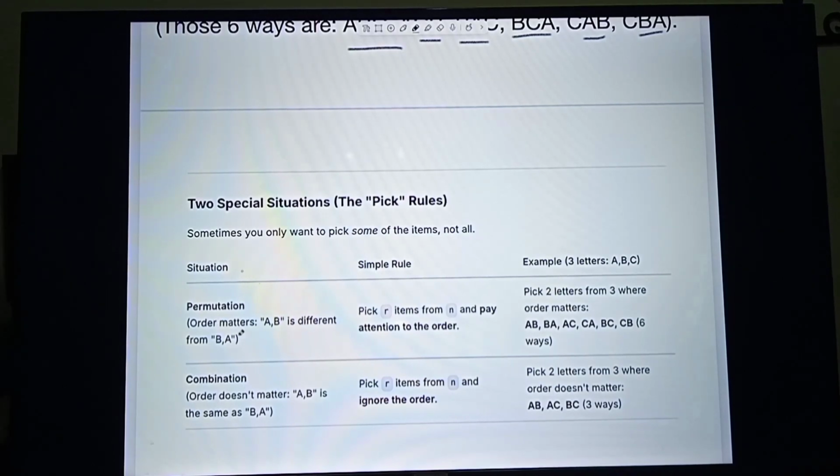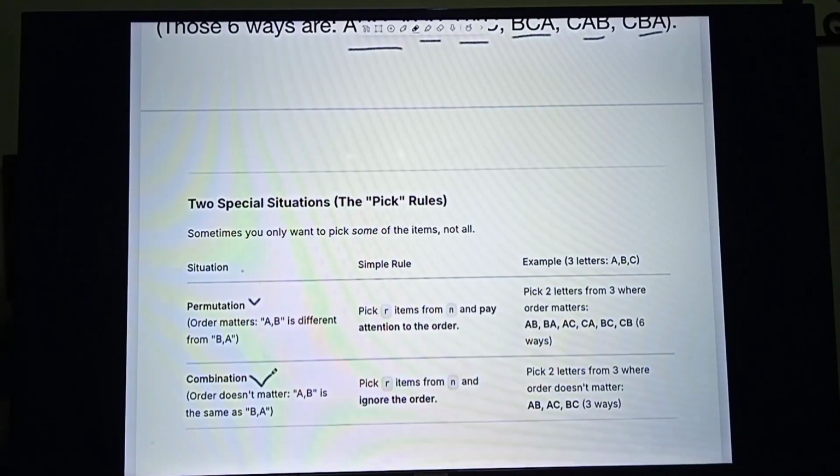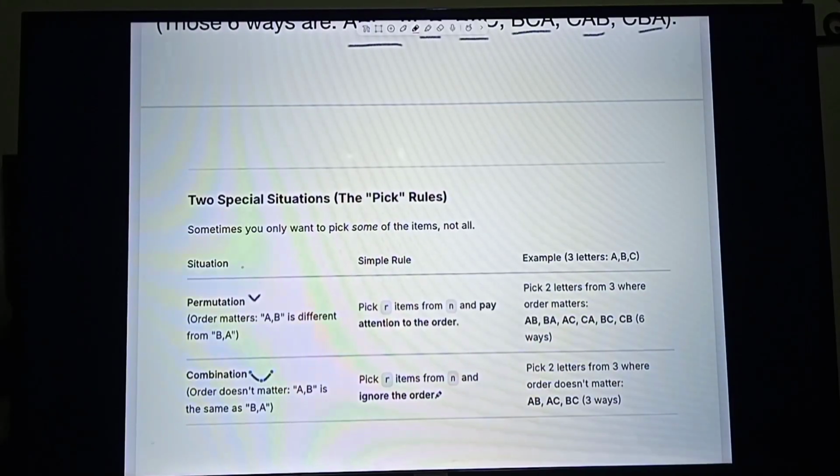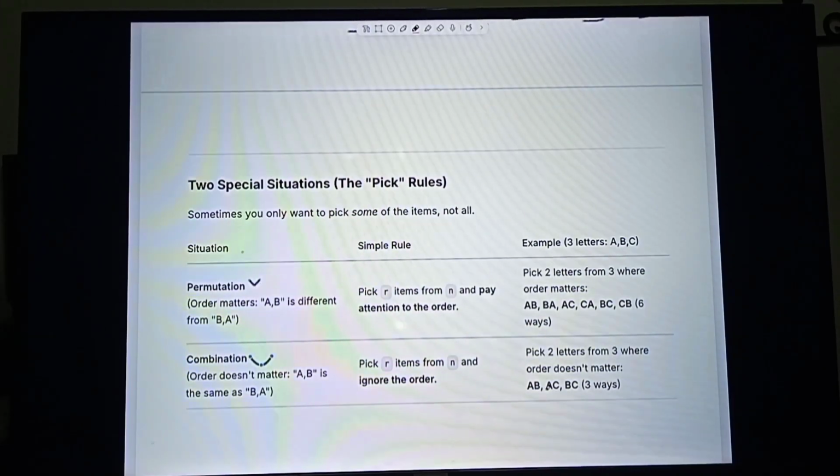If you want to order it, then use permutation. And if you don't want to order it, then use combination. So permutation, pick R items from N and pay attention to the order. Whereas combination, pick R items from N and ignore the order.